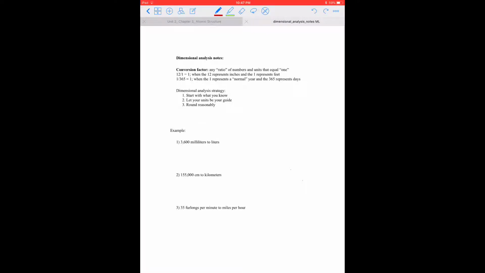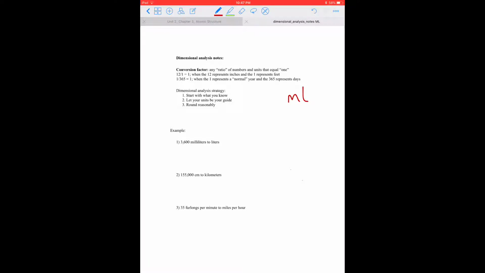But sometimes we want to convert these units because depending on what type of unit we use, it could tell us if what we're measuring is really big or really small. For instance, if I have a really small volume of water, I might use milliliters.